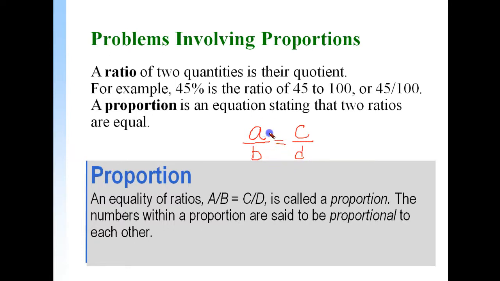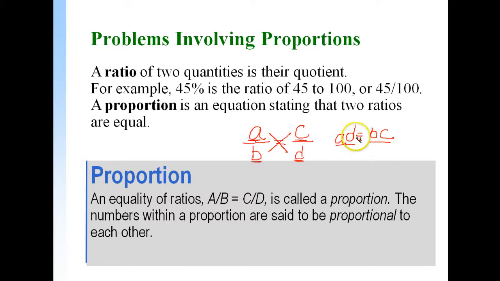And again, we said one of the techniques you could use is cross multiplication. A times D equals AD and BC. Now we say the A and the D are the extremes, and the C and the B are the means.